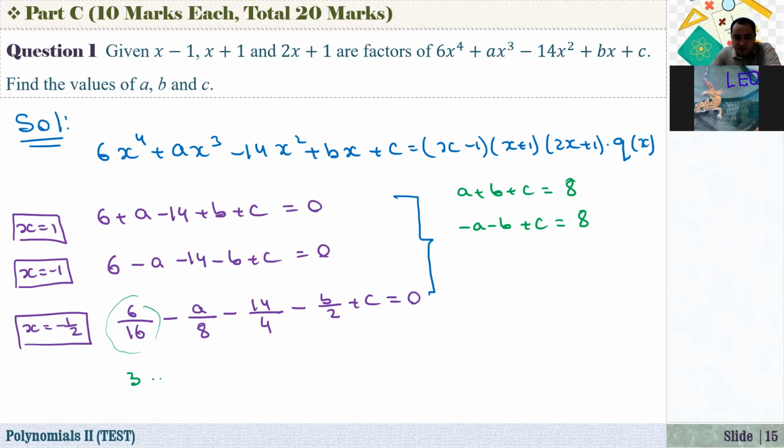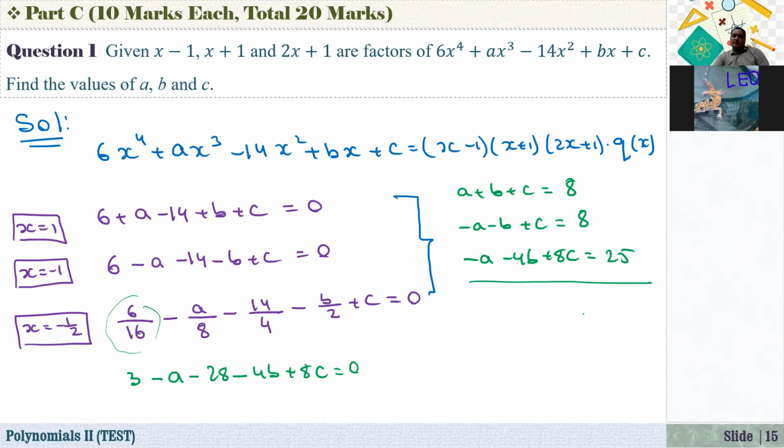So here we have 3 minus A, and then 28 minus 8 times 1 over 2, 4B plus 8C is equal to 0. So what we have here, minus A minus 4B and plus 8C is equal to 3 minus 28, that's equal to 25. Take to the right hand side, it is 25. So we need to solve these 3 simultaneous equations.